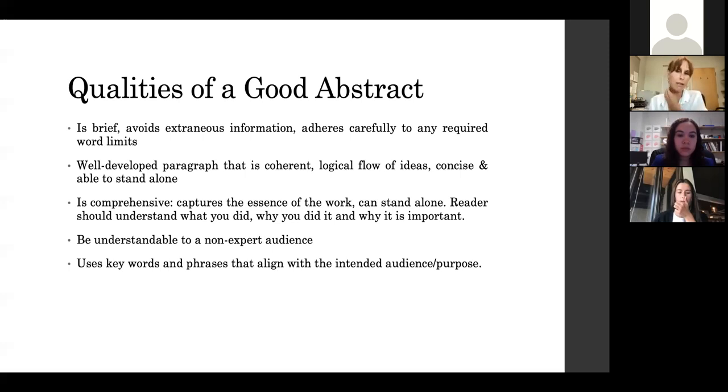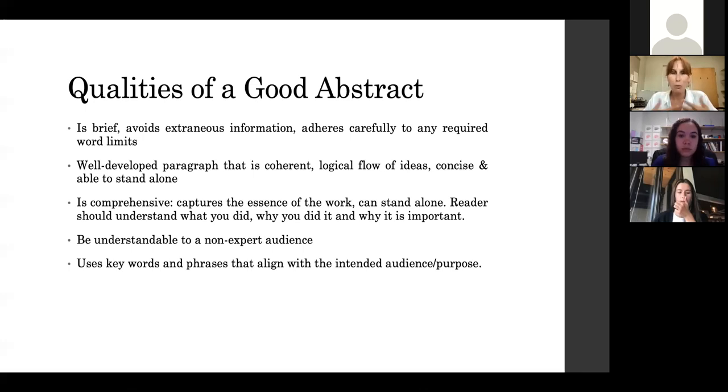So to be effective, you want to put yourself in the shoes of your reviewer. Your reviewer has to review 5 to 20 abstracts in a short period of time. They have a lot of other things going on. So you don't want to make it difficult for your reviewer to understand your abstract. You want to make it easy for them.